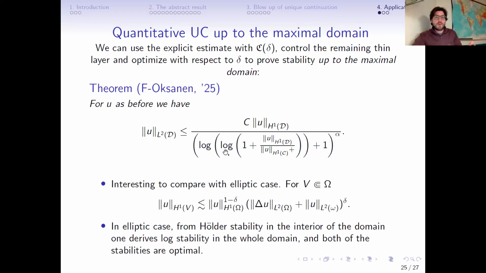And what we proved for the wave is that from log stability, which is optimal, you go to log-log. So from this point of view, even though log-log may seem a bad stability, it could probably just mean that that's how it is. Of course, this is not any proof or anything. It's just some intuition.